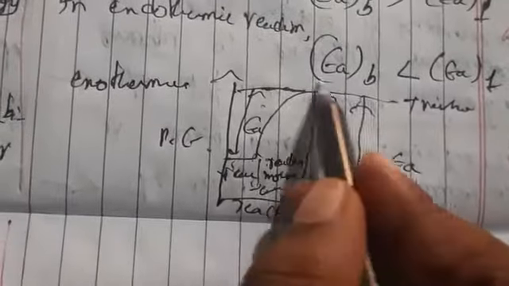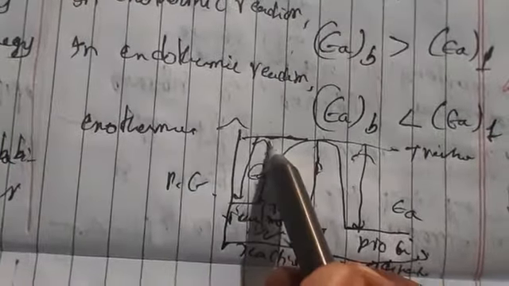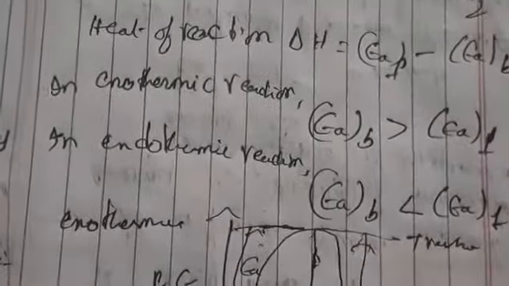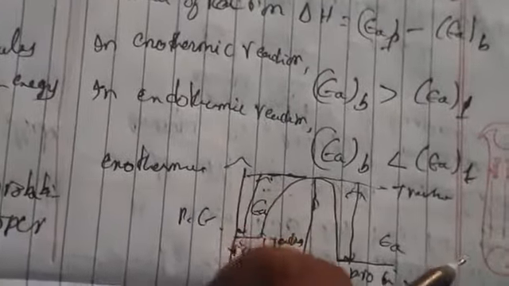The reacting molecules collide with a minimum amount of energy, that is the threshold energy, and give products. The distance between the reacting molecules and the threshold energy is the activation energy, and the distance between the product molecules and the threshold energy is also an activation energy. This is for reactant, this is for product, and this heat of energy we are getting.